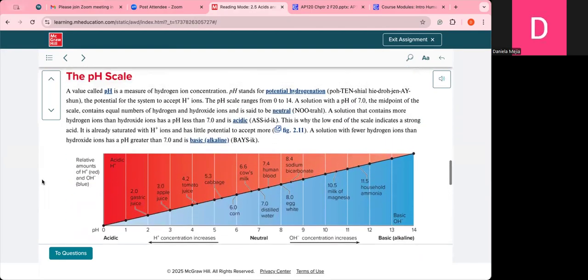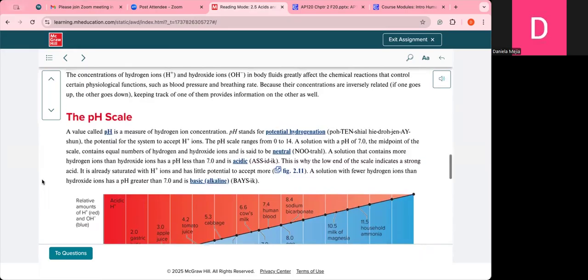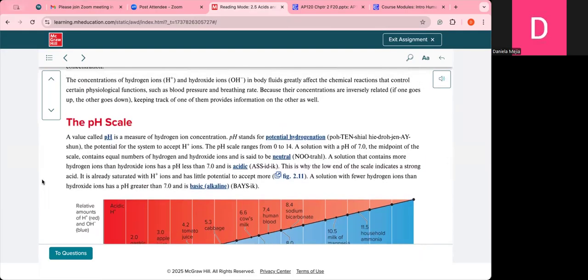Okay, so if you look here, a value called pH is a measure of hydrogen ion concentration. pH stands for potential hydrogenation, the potential for the system to accept hydrogen ions. The scale ranges from 0 to 14.